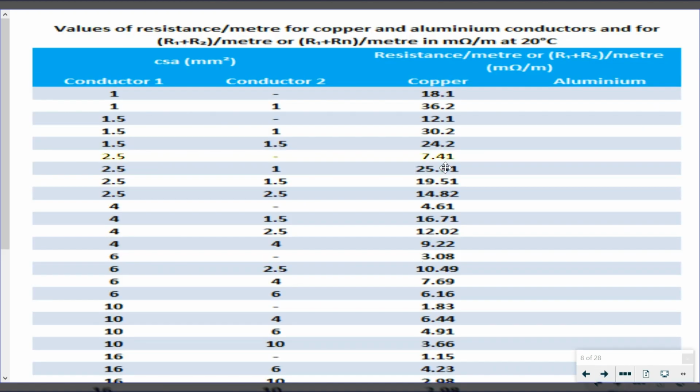In your On-Site Guide, Appendix I, or your Guidance Note 3, Appendix B, you'll find that first table where you have your line conductor and your protective conductor, but it's effectively conductor 1 and conductor 2. We're looking at the 2.5 millimeter squared conductor for our live conductors, and it gives us a milliohm per meter value at 20 degrees C of 7.41.